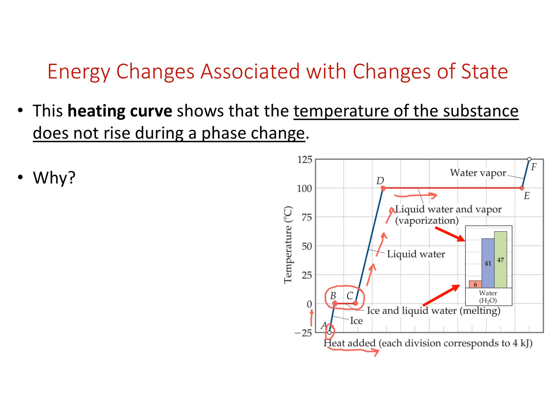So the answer to that question is all the energy, like let's think about what's happening during that phase change. At B, I'm ice at 0 degrees Celsius. And then I go all the way over to C, now I'm water at 0 degrees Celsius.